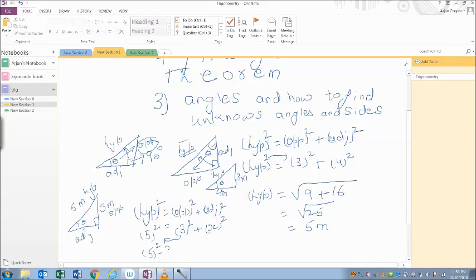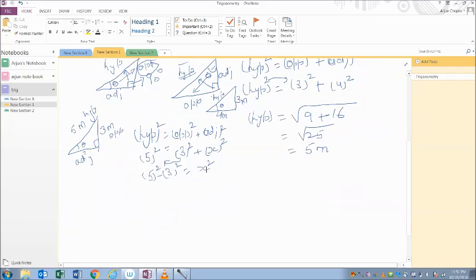Notice when the 3 square goes on to the other side of the equation, the sign will change. So 5 square minus 3 square equals x square.